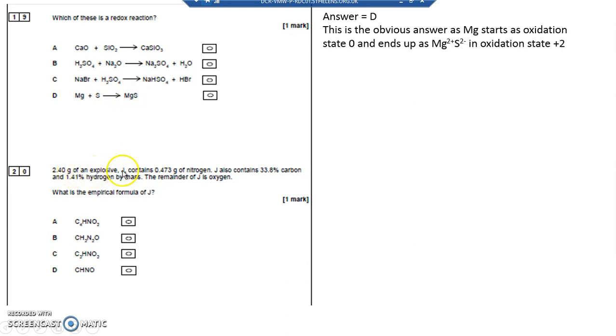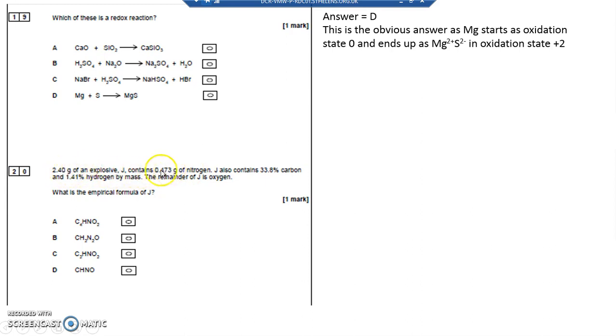2.4 grams of an explosive J contains a certain number of grams of nitrogen, a certain percentage of carbon, a percentage of hydrogen, and the remainder of J is oxygen. I need to get these all into percentages, all into the same units. So I can work out the percentage of nitrogen in the 2.4 grams.